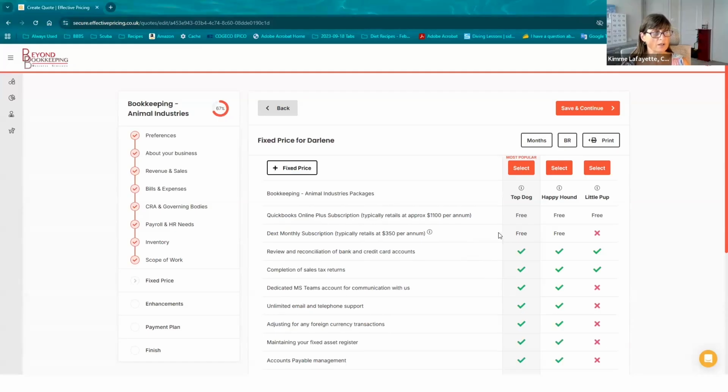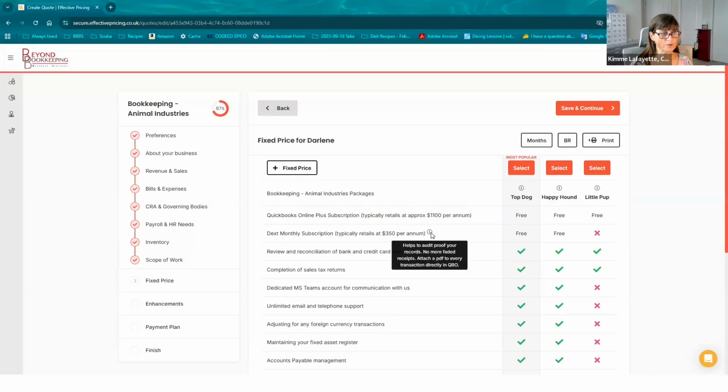The first thing that I wanted to let you know is that as I work exclusively with QuickBooks Online, this gives you immediate access to your books at any given point in time. And I include that for my customers. If you were to purchase the subscription yourself at current pricing, that's approximately $1,100 a year. Dext is the program that I use for all of your digital receipts that we've talked about.